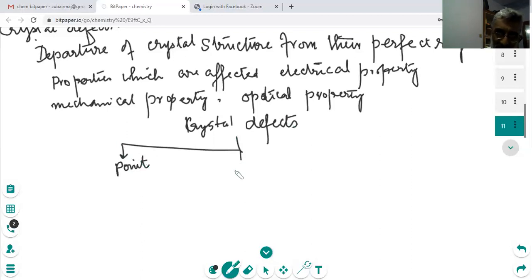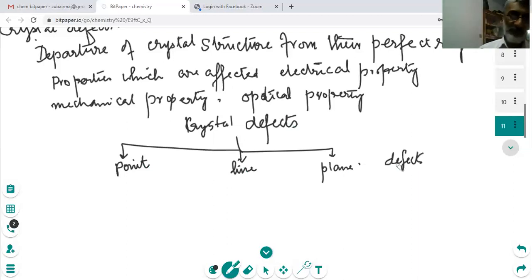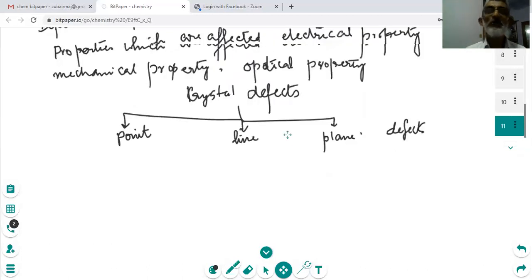Second is line defect. And third is plane defect. The name itself will tell you what it is.